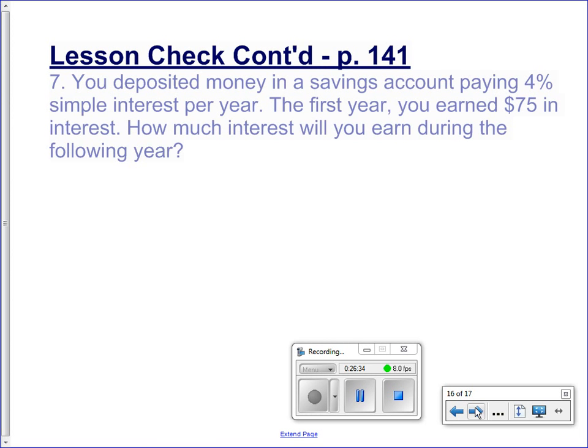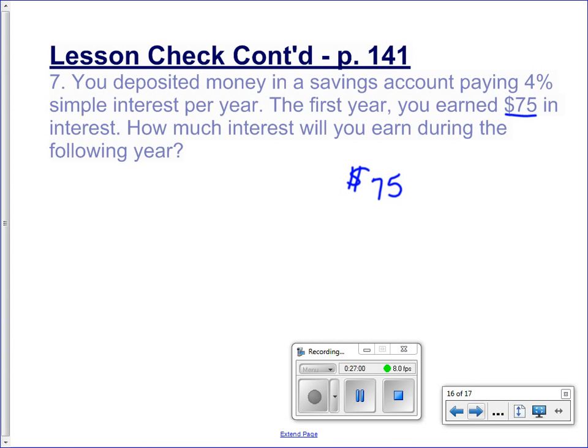All right, well, on simple interest, and this is kind of a misleading question, they're assuming that the interest is paid to you. So that means that you start with the same amount of money, you're earning the same amount of interest every year. So if you earn $75 the first year, you will earn $75 the following year.